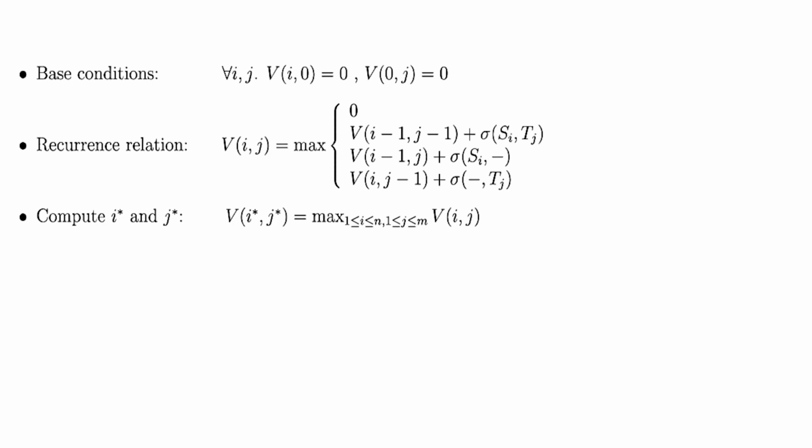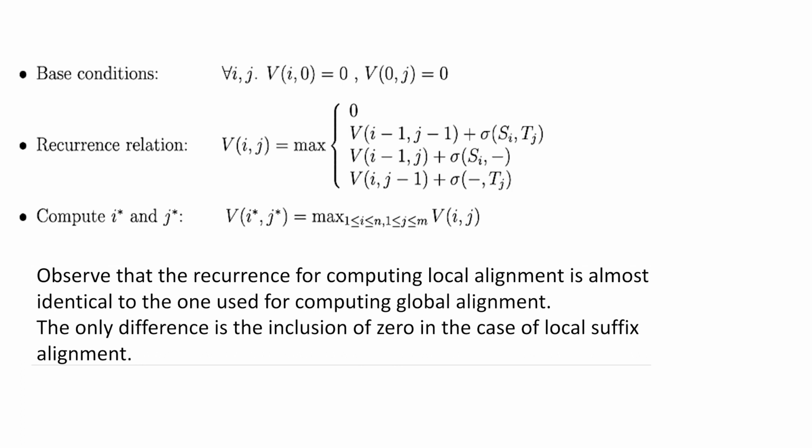To compute i star and j star, the optimal alignment score V(i star, j star) is the maximum of V(i,j) over the range i from 1 to n and the range j from 1 to m. Observe that the recurrence for computing local alignment is almost identical to the one used for computing global alignment. The only difference is the inclusion of 0 in the case of local suffix alignment.